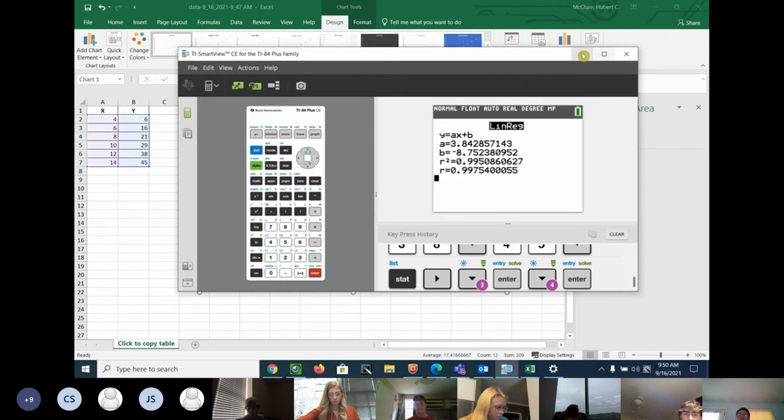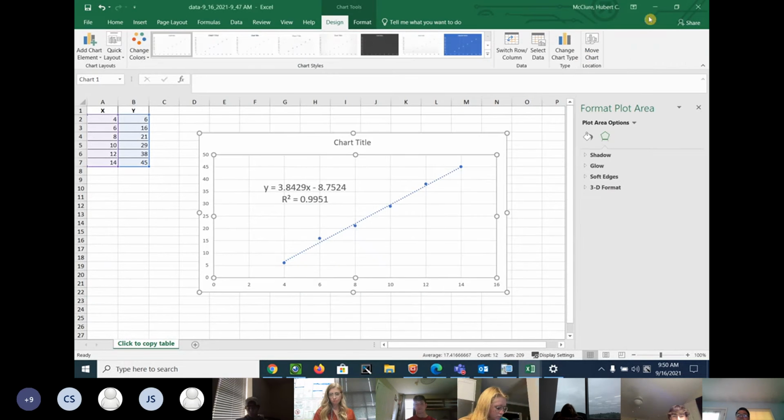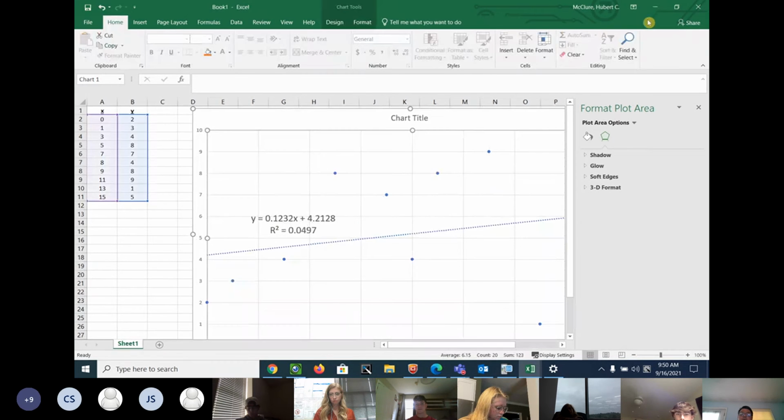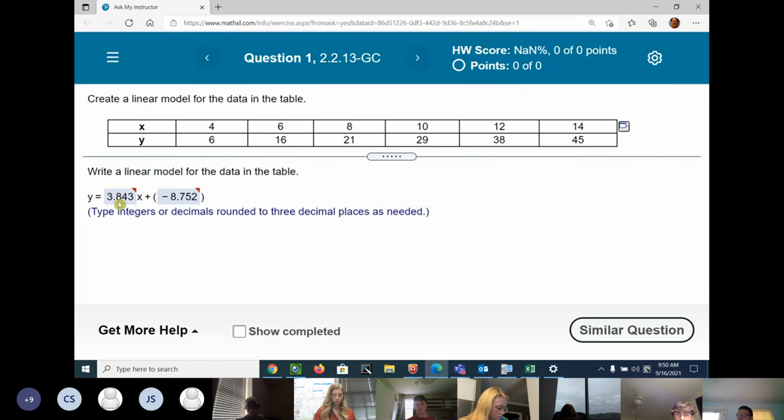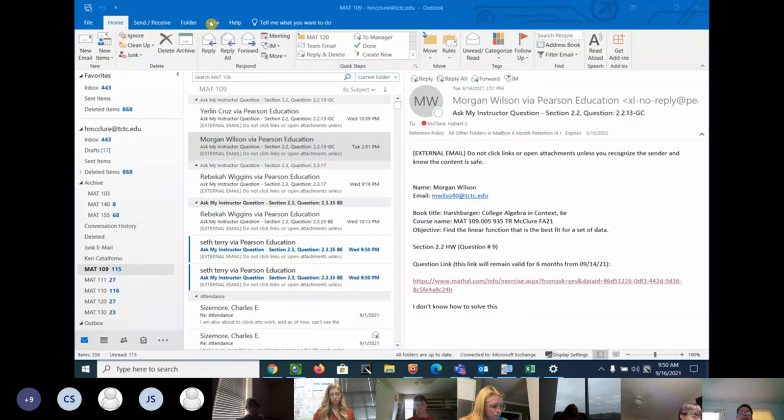So very strong correlation. Type that in. And there it is, 3.843, and then negative 8.752. Another good question. So I'm going to delete those two.